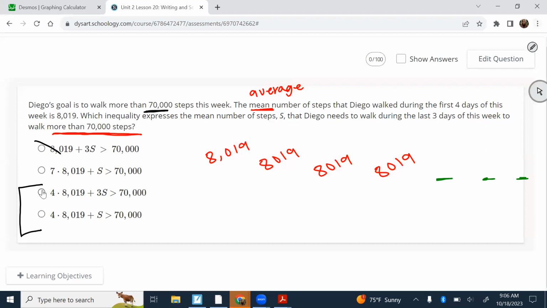Let me see what it says. And that's right. Yeah, because average is like, I don't know how to explain it, but if the average temperature this week is 100 degrees, it's 100 degrees each day versus just the total amount of degrees all week.